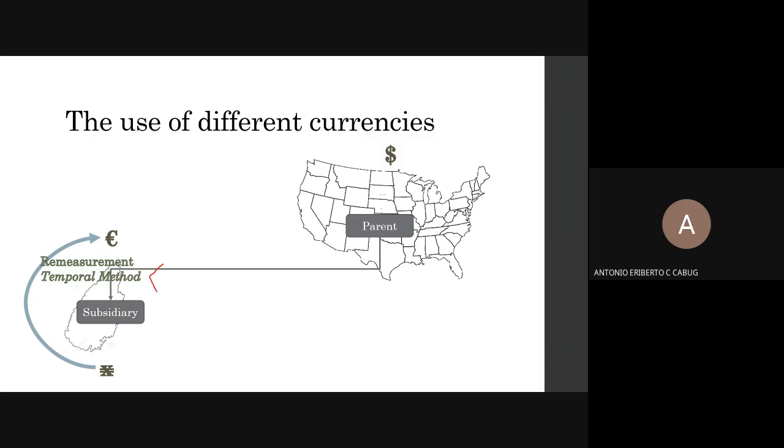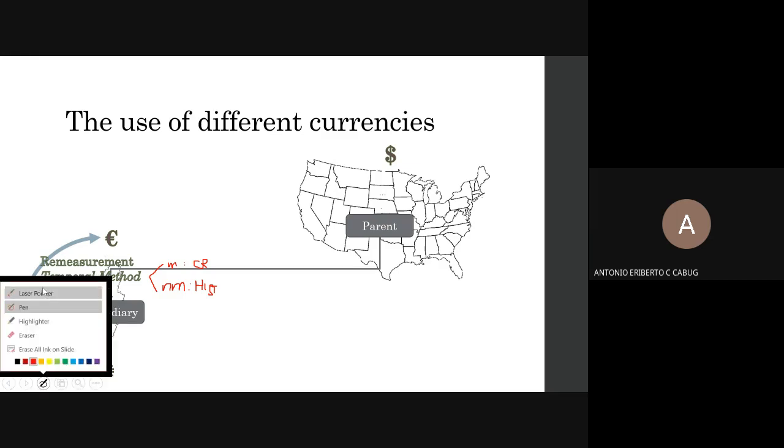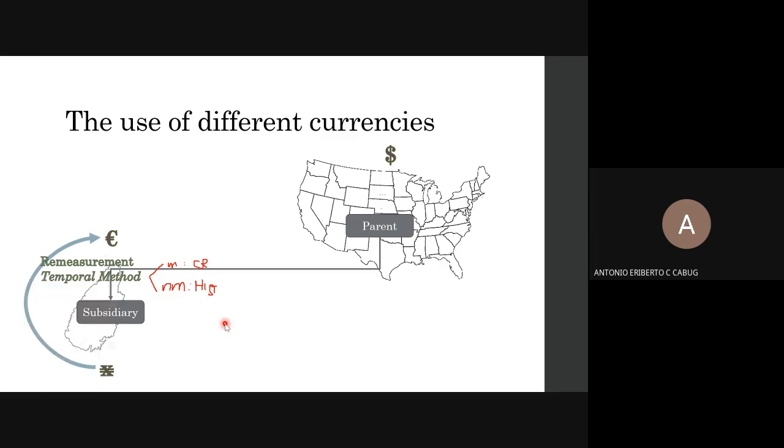In the temporal method, monetary assets will be converted using the current rate, while the non-monetary assets, we are to use the historical rate. Okay? For monetary assets, current rate. Non-monetary, use the historical rate.